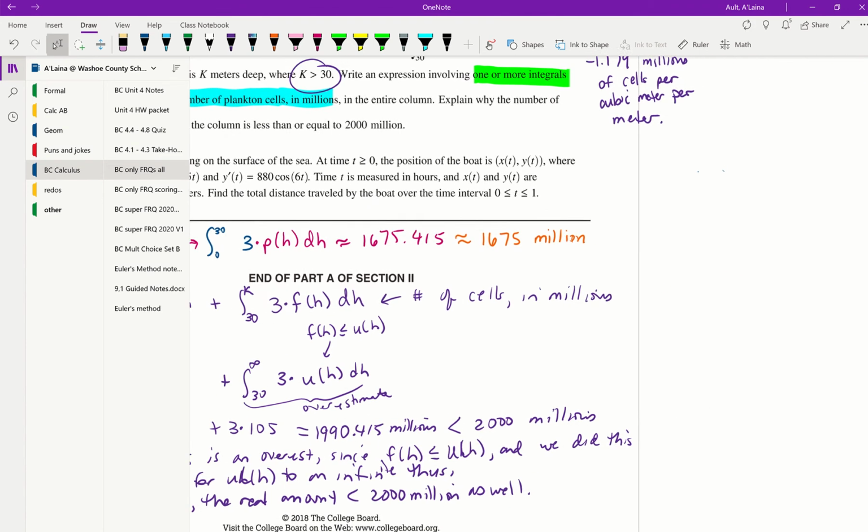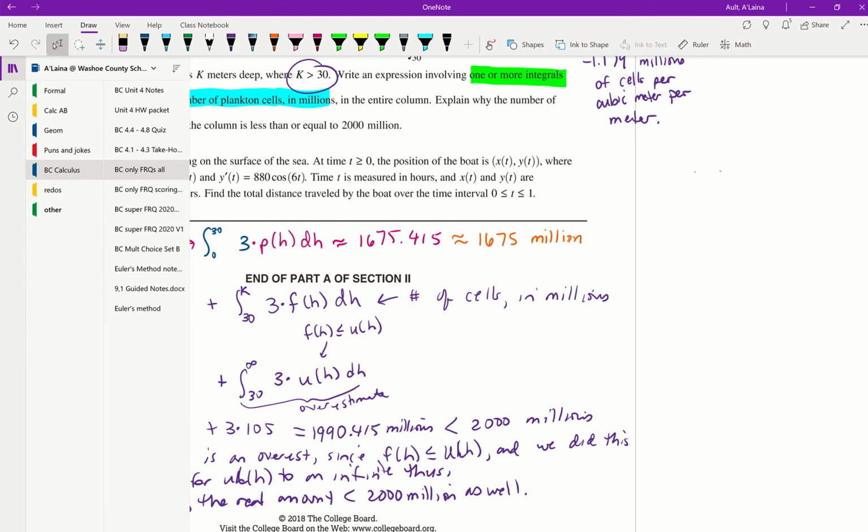Now, some students right here start wanting to use the total distance formula. A lot of times this is wrong, but a lot of times people are trying to use this. You can't use that with the parametric. You can only use this if we're moving in one direction, like along the x-axis or along the y-axis.